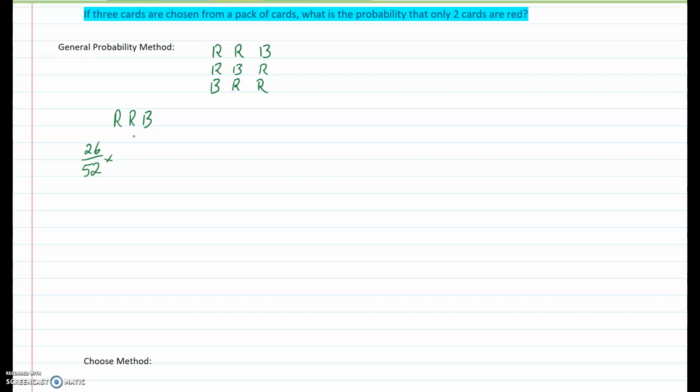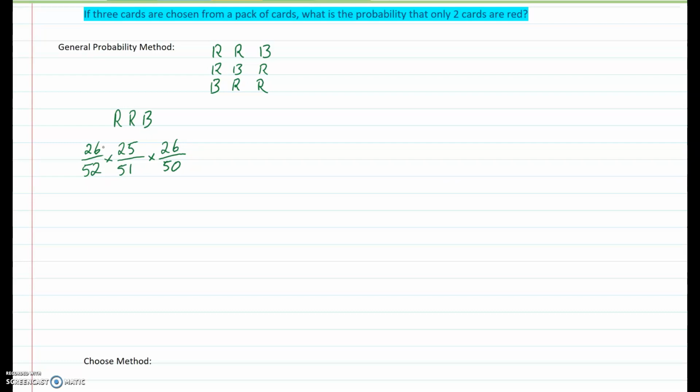Times the probability of getting a red on my second card. Now, I had 26 reds to start with. I chose 1, so I now have 25 reds left. 52 cards to start with. Choose 1, you've got 51 cards left. And then my third card being black. Now, I haven't chosen any black, so there are still 26 black cards left, but there are only 50 cards in the deck. So that bottom number is always going to go down by 1 each time.